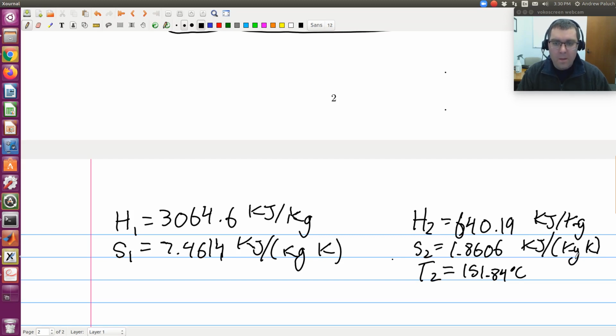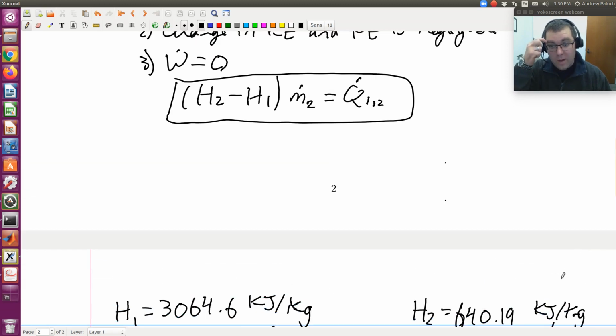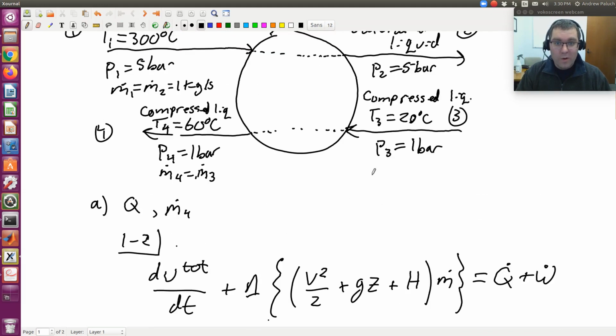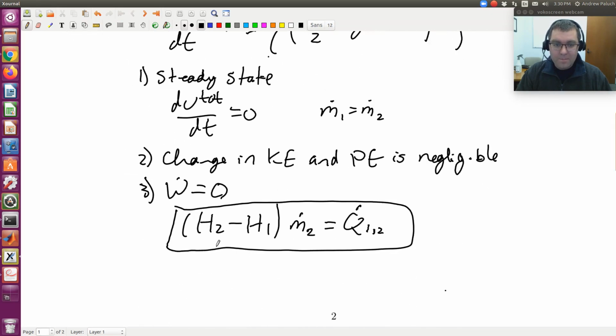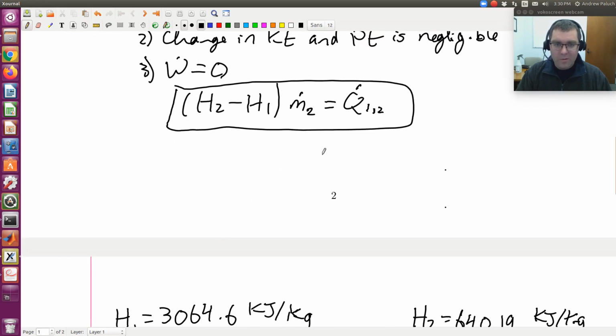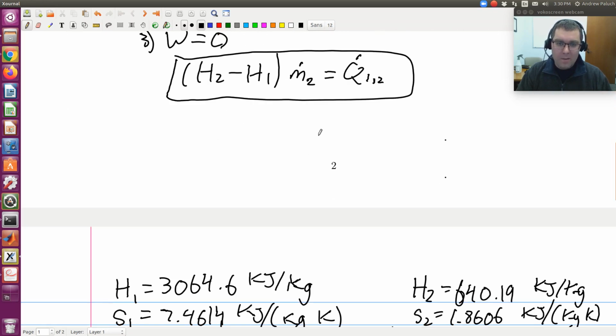We have m dot, which is 1 kilogram per second. So we can go ahead and solve for q dot, and that'll be in kilojoules per second.